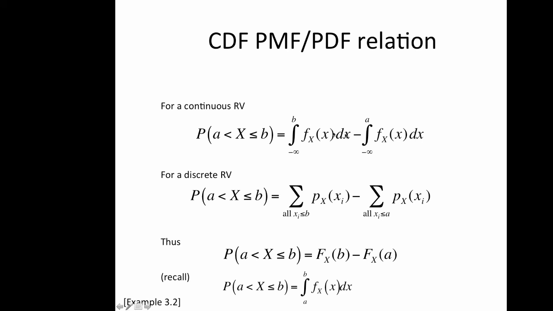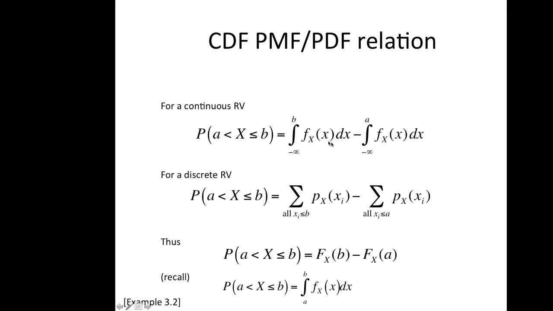So this may look, from our discussion a couple of slides ago, like the definition of the CDF. And that's exactly what it is. The probability that the random variable x takes on a value less than or equal to b and greater than a is simply the CDF evaluated at b minus the CDF evaluated at a.